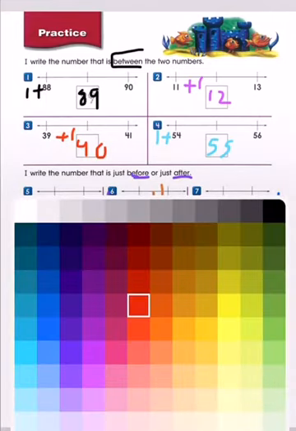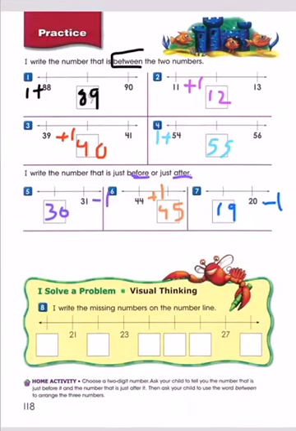And now we have another one, which is solving problems. In number 8, we have solving problems. I write the missing number on the number line. Okay? Missing number, it means we have between or after or before. Okay? We have 21, 23, 27.